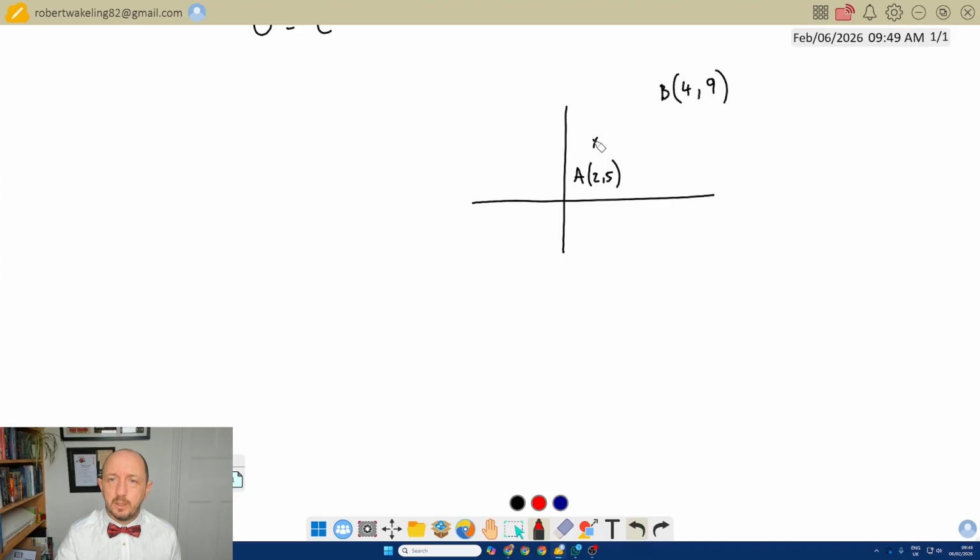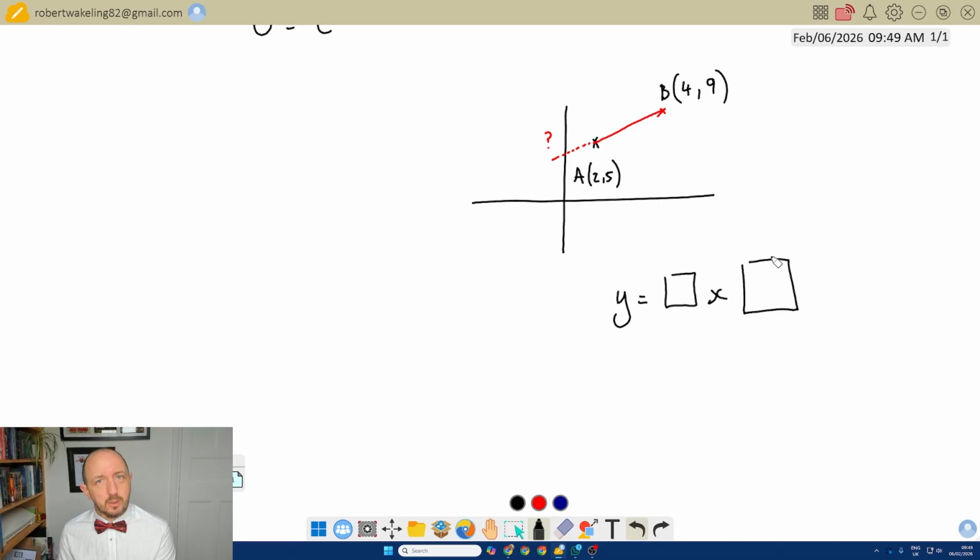So we have a line going through these 2 points, and essentially we're extending it along to try to find the y-intercept, and we need the gradient. So y equals mx plus c is our framework. We try to work out the gradient first because we've got these 2 points.